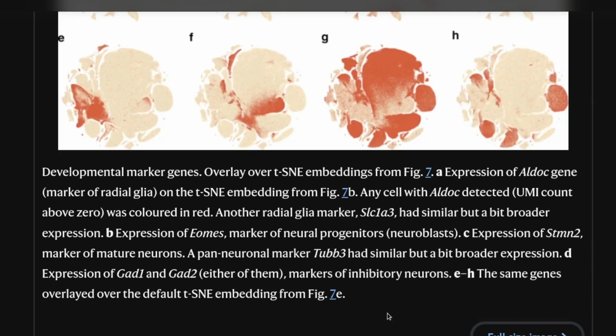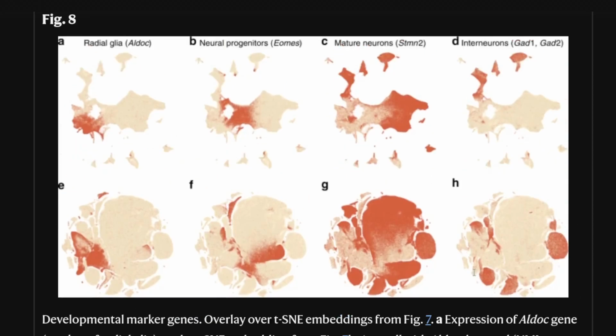B. Expression of ohms, marker of neural progenitors, neuroblasts. C. Expression of SDMN2, marker of mature neurons. A pan-neuronal marker TUB3 had similar but a bit broader expression. D. Expression of GAD1 and GAD2, either of them, markers of inhibitory neurons. E-H. The same genes overlaid over the default t-SNE embedding from Figure 7e.